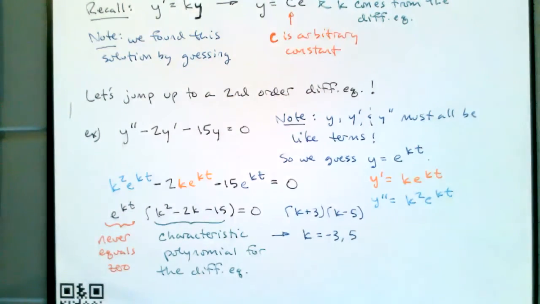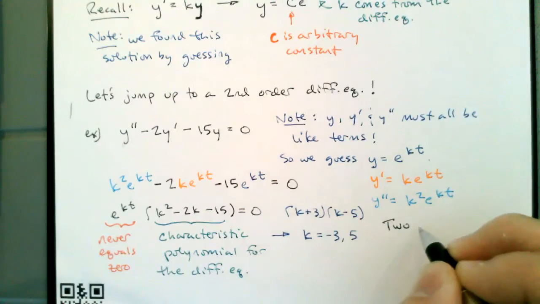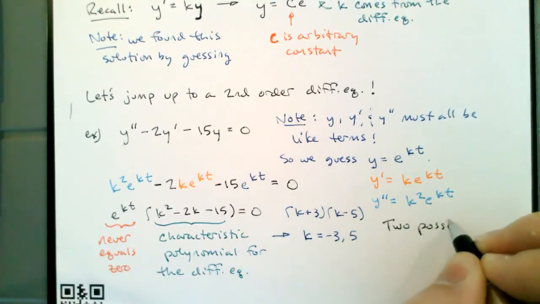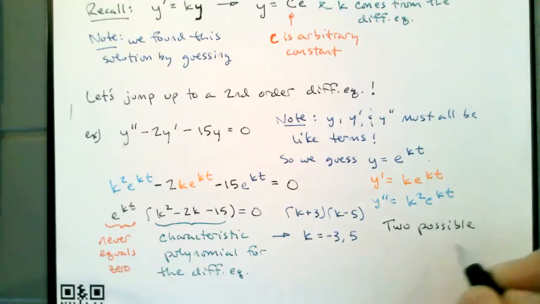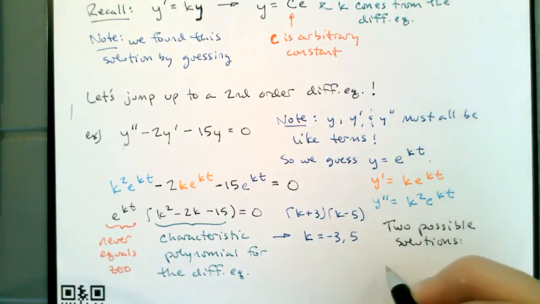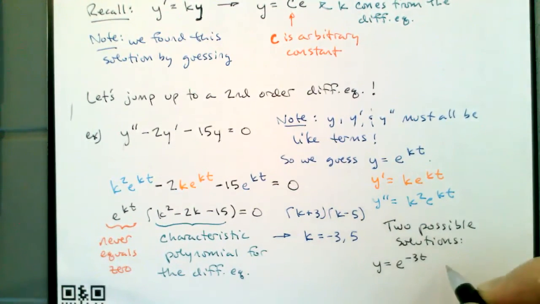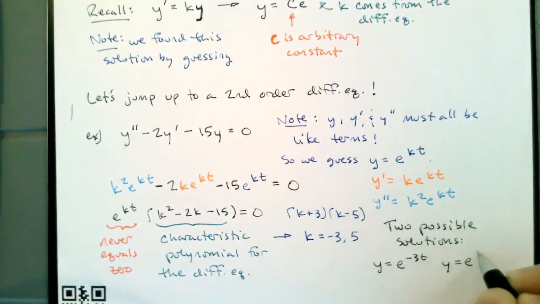So we get these two different solutions to this differential equation. We get two possible solutions. Y equals e to the -3t and y equals e to the 5t.